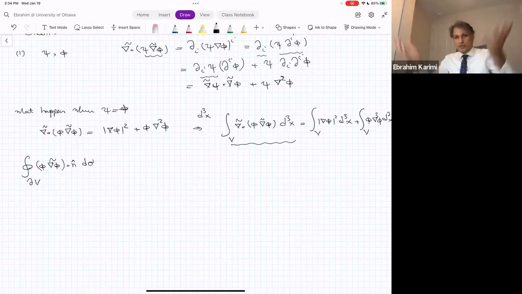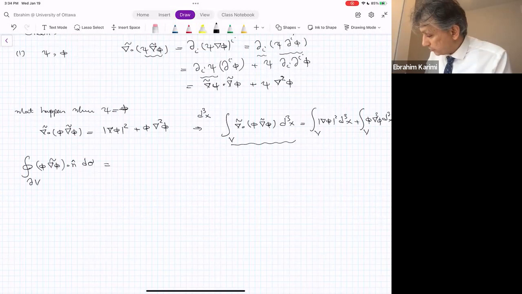Any closed volume that you have has a surface. Then I will get the integral of the gradient of phi to the power of 2 d3x plus the integral of phi Laplacian of phi d3x over the same volume.